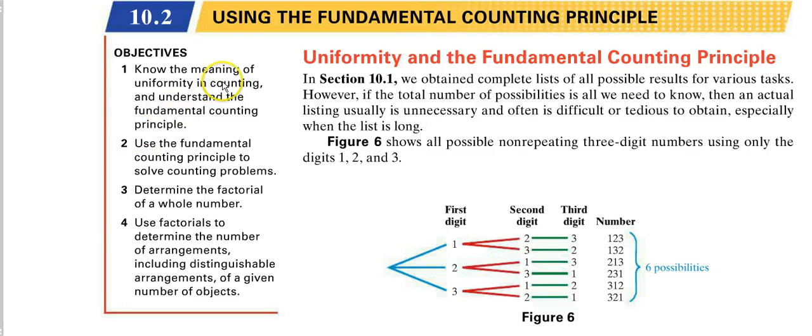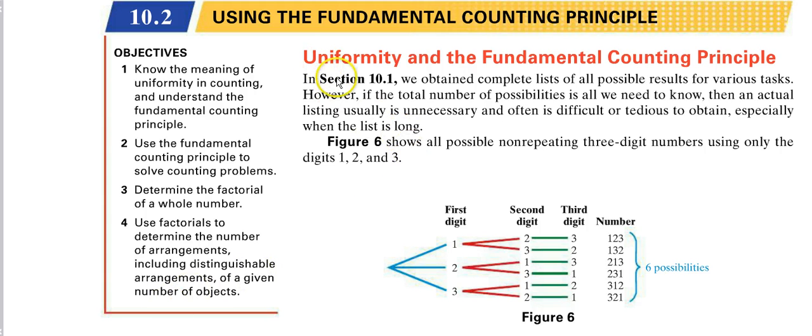So as we start our section that's in our curriculum, using the fundamental counting principles, we're going to more closely tie this into the mathematics of it, and let's look at some of the definitions here. Uniformity and the fundamental counting principle.